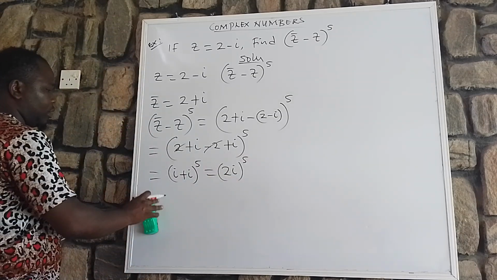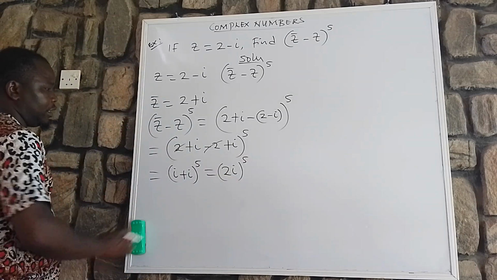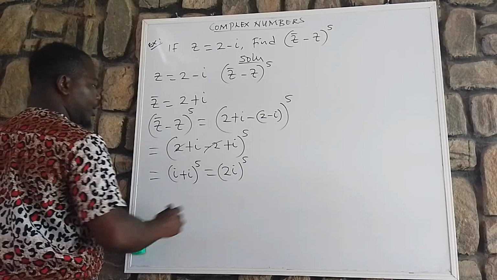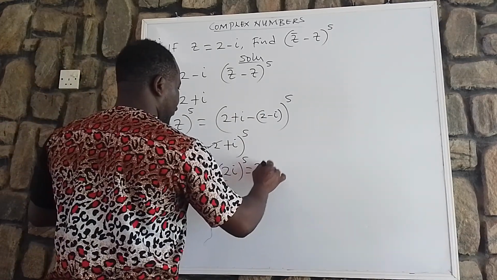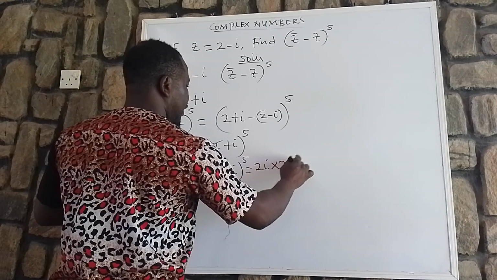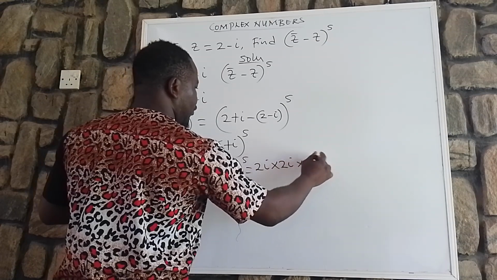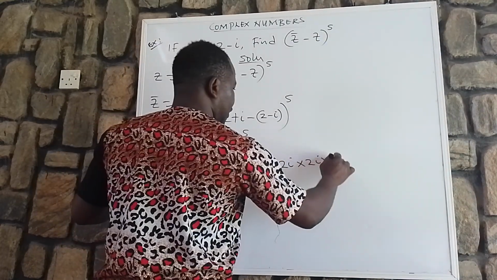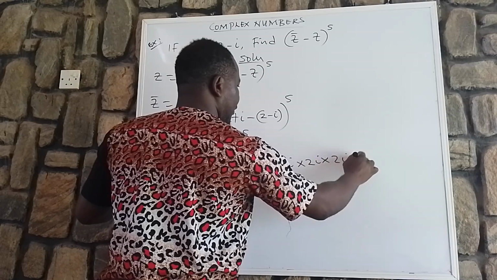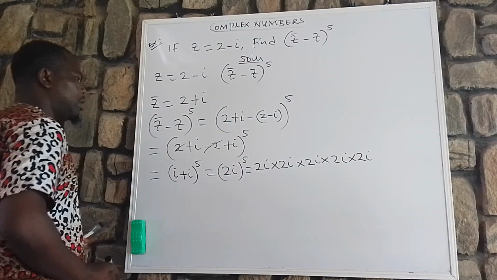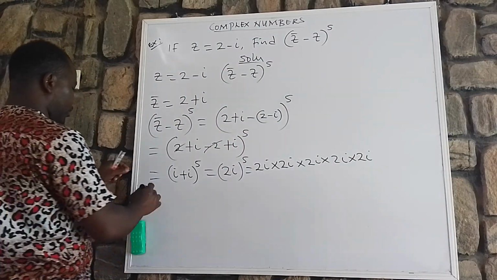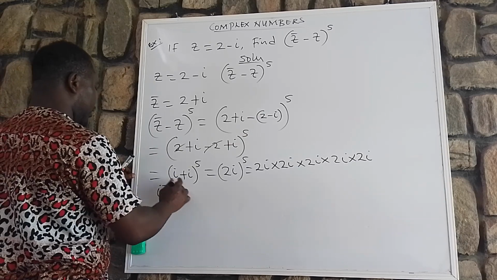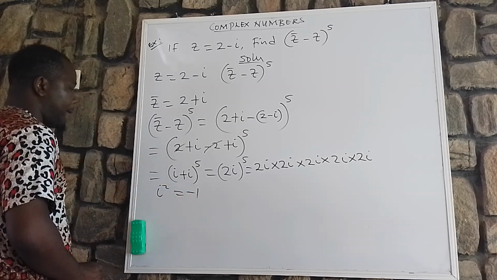So as it is, this is the same thing as 2i times 2i times 2i times 2i times 2i. But mind you, i squared is always equals to minus 1.